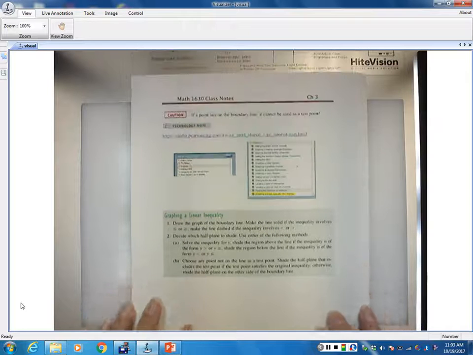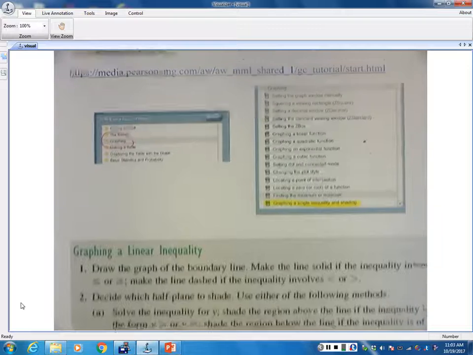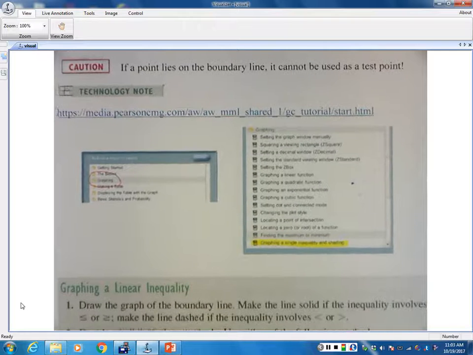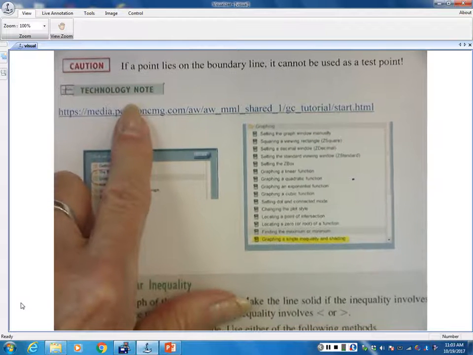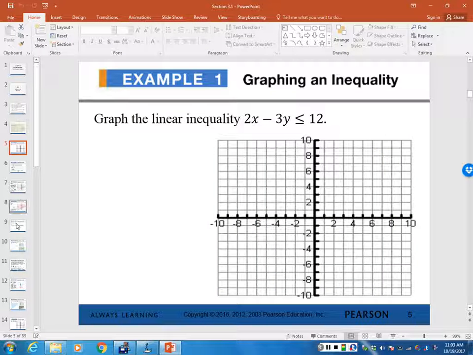In the PowerPoint, and I'm going to post the PowerPoint, it sends you to the tutorial, and I'll go back to the PowerPoint and show you where that tutorial takes you because the link is supposed to be live.